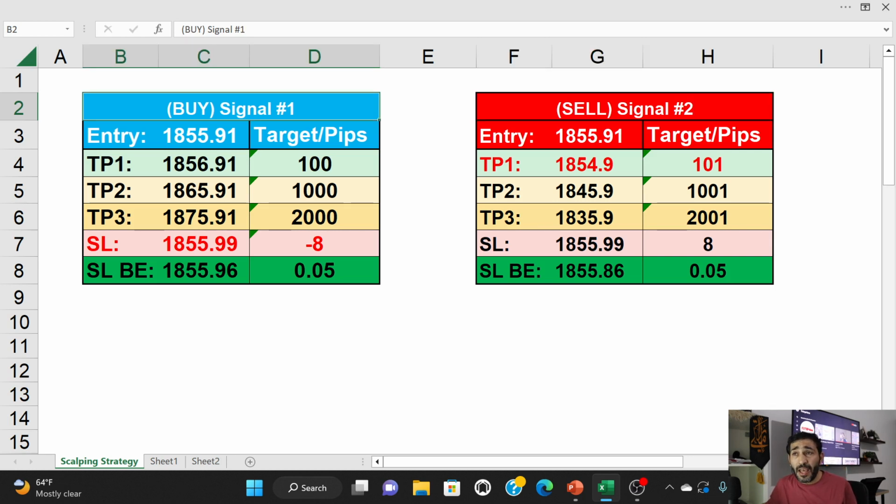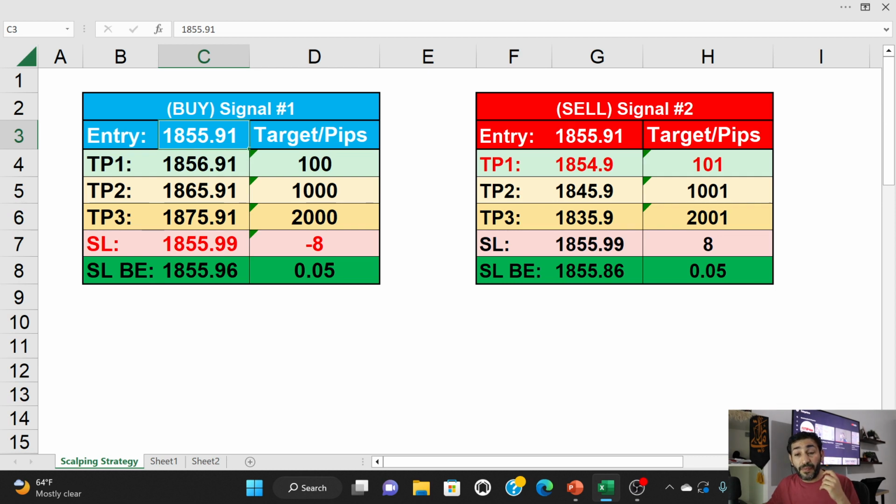However, now this row here is showing you the entry point. If we have a range on the entry point, and this is what we have used to do on the channel, we're going to give you the range in a comment under the signal. So if we don't have a range, we will give you the entry point before the signal at least 1 minute or 2 minutes or sometimes half an hour.